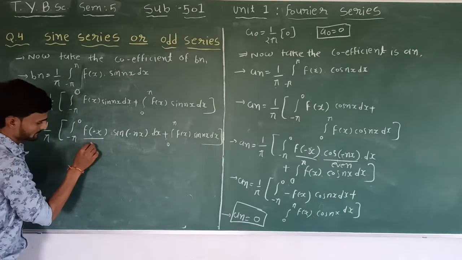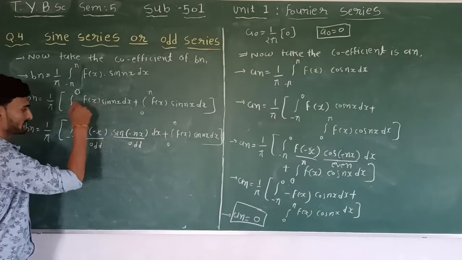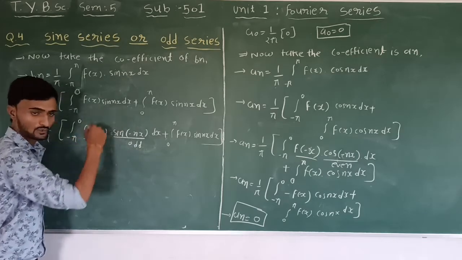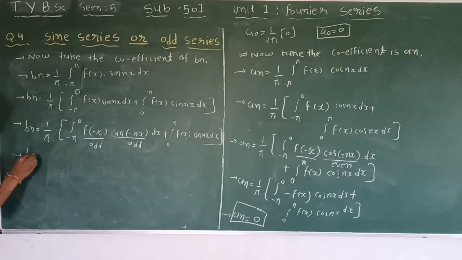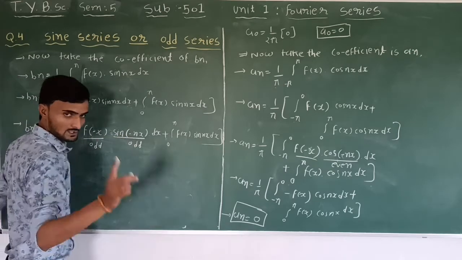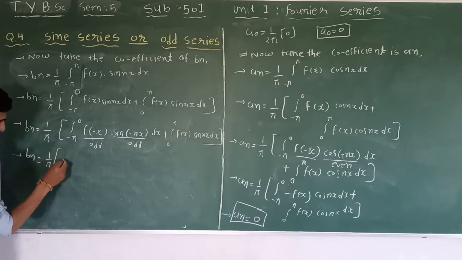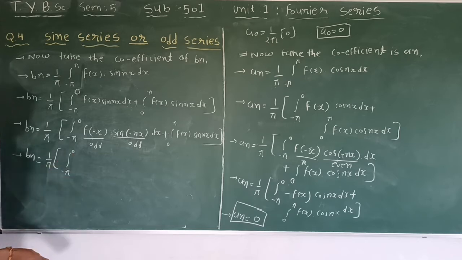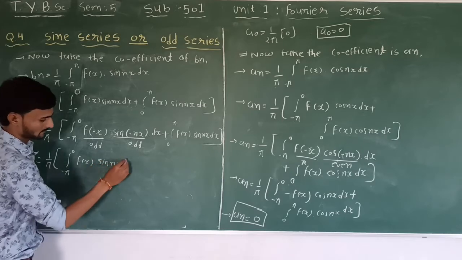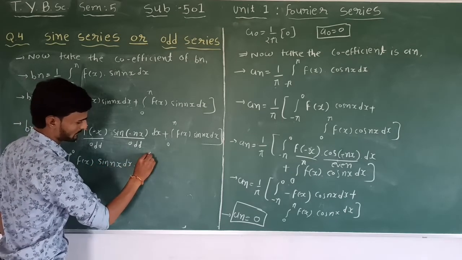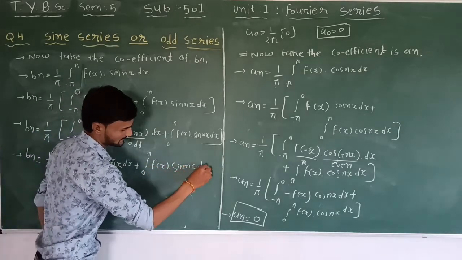Here f of x is odd and the sin function is odd. So this minus sign is removed and this minus sign is removed. So minus minus gives plus. So 1 upon pi, integral from minus pi to 0 of f of x sin nx dx plus integral from 0 to pi of f of x into sin nx dx.